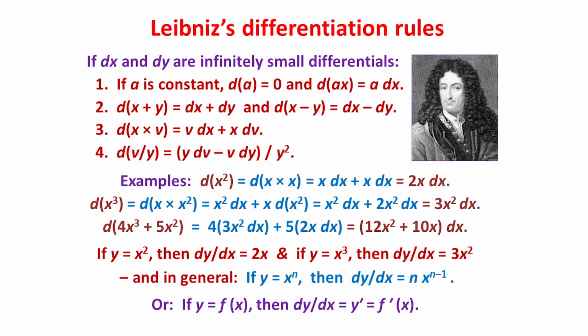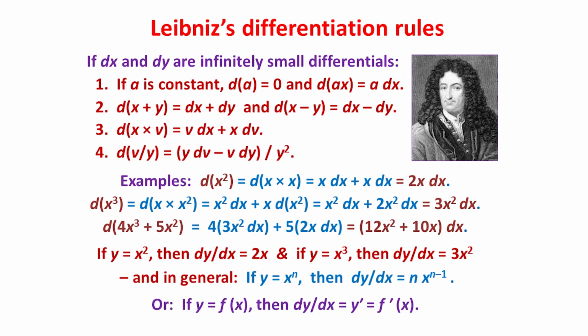Here we split it as x times x squared, giving d of x times x squared equals x squared dx plus x d of x squared. But d of x squared is 2x dx, as we've just seen. And we get d of x cubed is 3x squared dx.